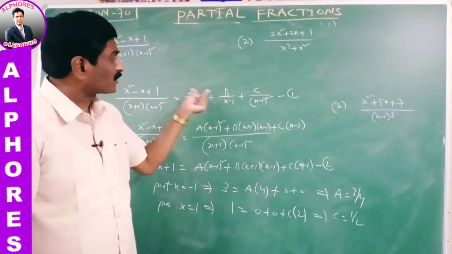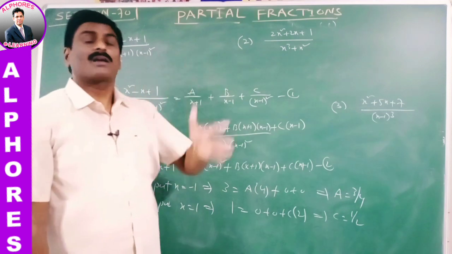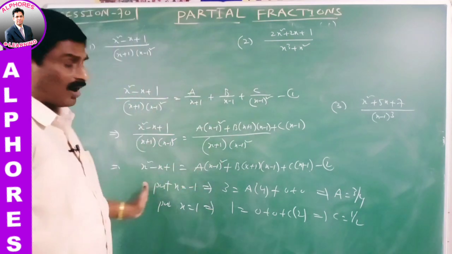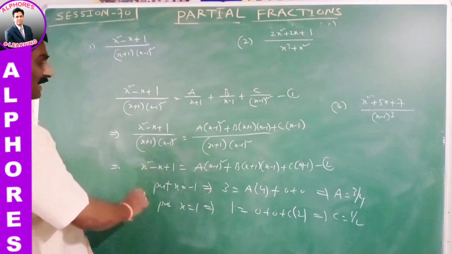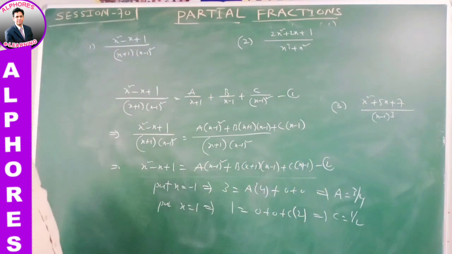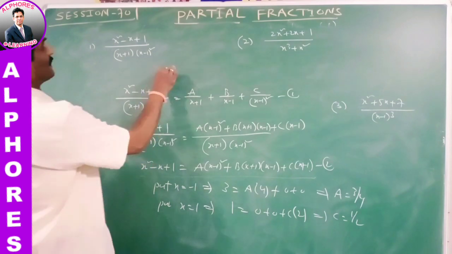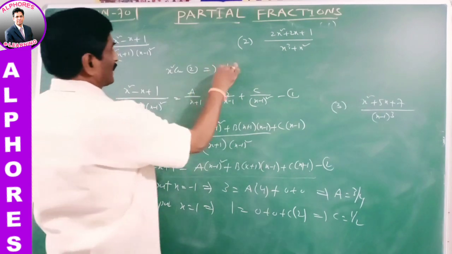By substituting these we get only 2 values, but the constants are 3. For getting the third constant, we compare the constant terms or x square coefficients. Simply compare the x square coefficients in equation 2. What is the x square coefficient in this case? 1.